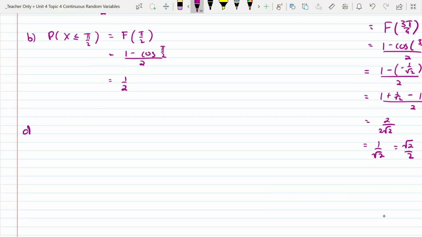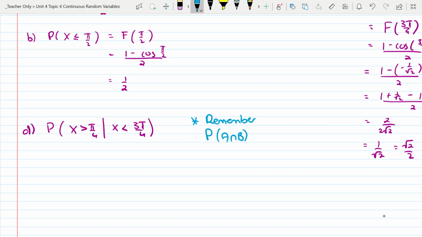Now the next one was also specifically chosen because it's a bit of conditional probability, and that's our probability of x being greater than pi on 4 given that x is less than 3 pi on 4. And for that you need to remember that the probability of A and B over the probability of B is equal to your probability of A given B. Alright?